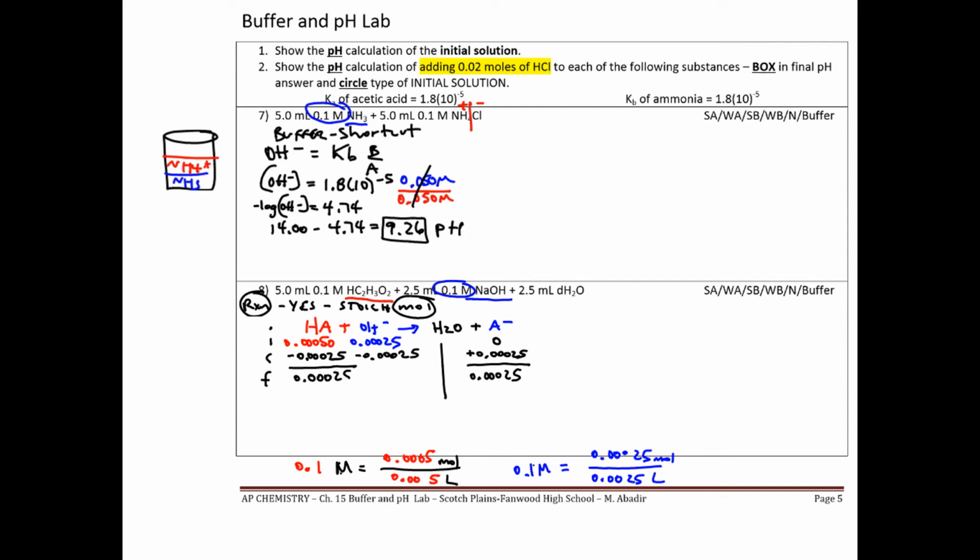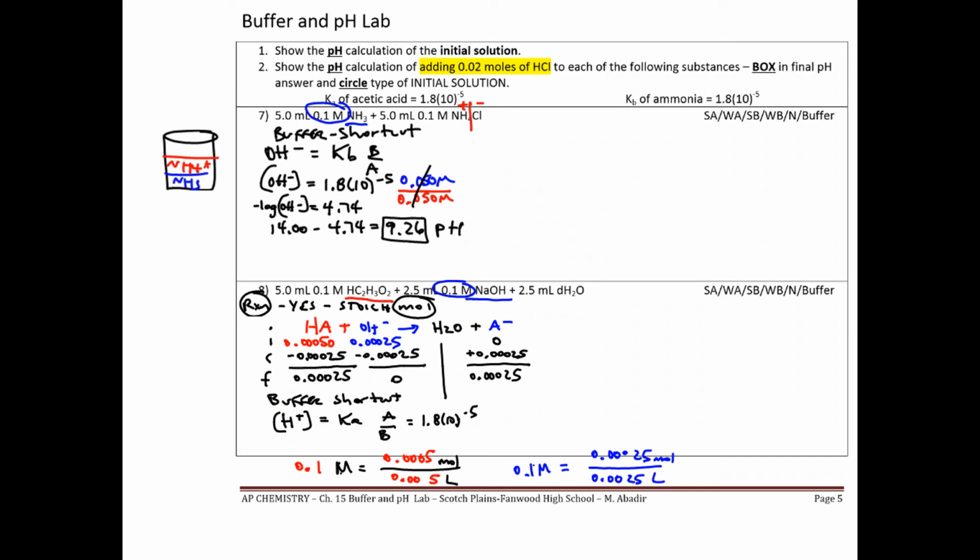And you ask yourself, what do I have? A strong, a weak, or a buffer? I have a buffer. So now I use the buffer shortcut. The buffer shortcut I'm going to use is going to be the H plus, since I know the Ka of acetic acid. It's going to be 1.8 times 10 to the minus fifth.